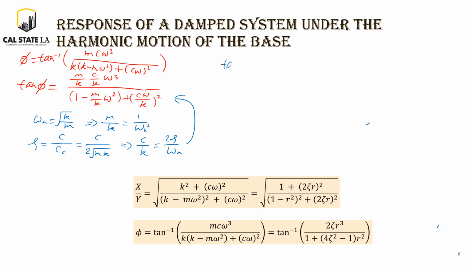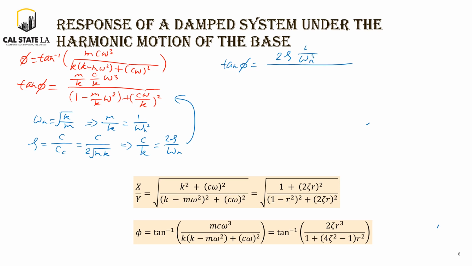So tangent phi becomes m over k, that is 1 over omega n squared, and c over k, that is 2 zeta over omega n. So that becomes 2 zeta over omega n cubed.